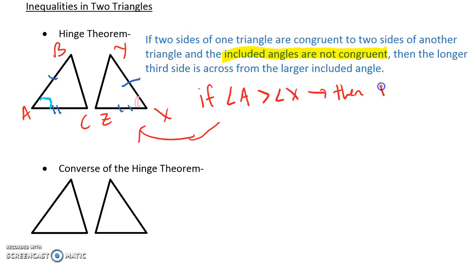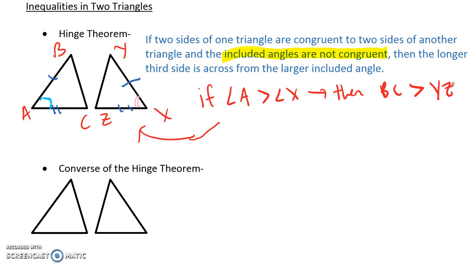So then I can conclude that BC is greater than YZ. And that's the hinge theorem. And I think of it as a hinge because that angle is like the hinge when you're opening a door and closing a door, right? So that's what that looks like.